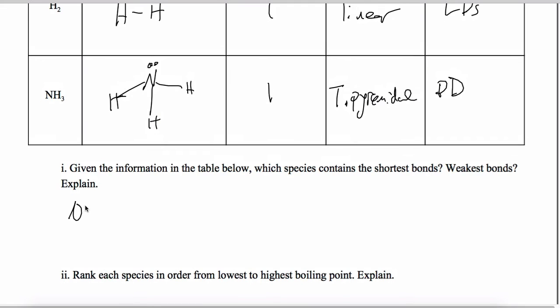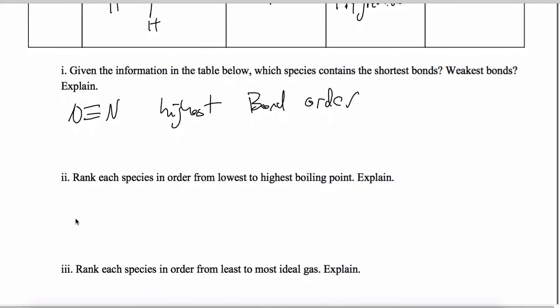So the shortest bond length here is nitrogen, because it has the highest bond order. Lowest boiling point in this case is going to be H2. Next is going to be N2, and this is going to be NH3. Okay. We're starting with London dispersion forces and going down here to dipole-dipole forces.